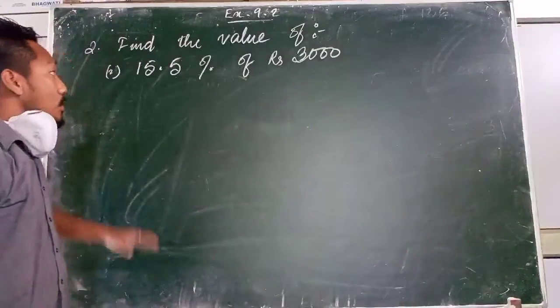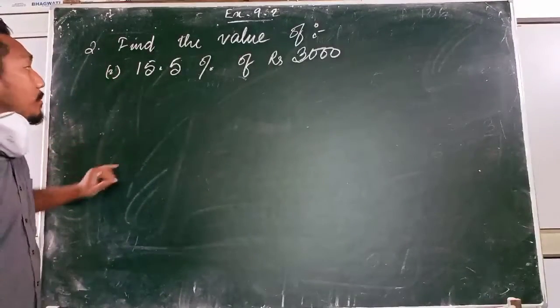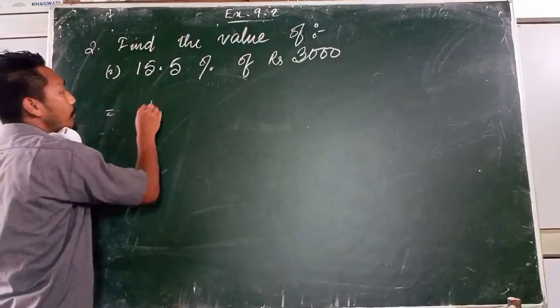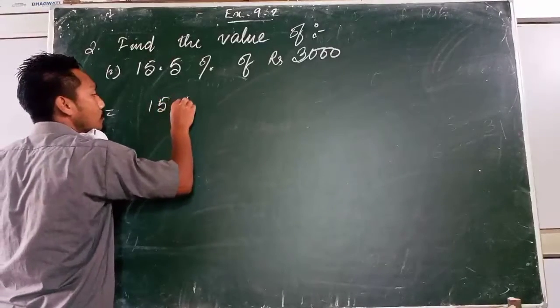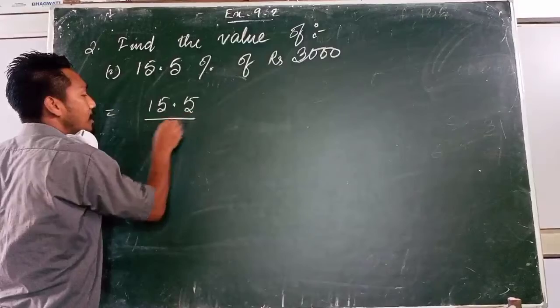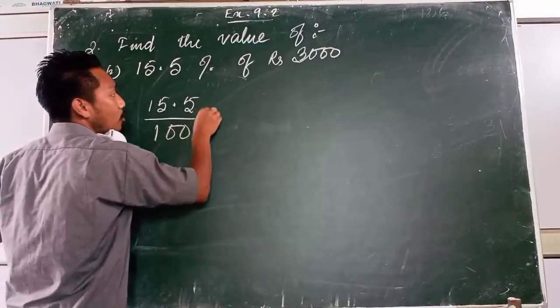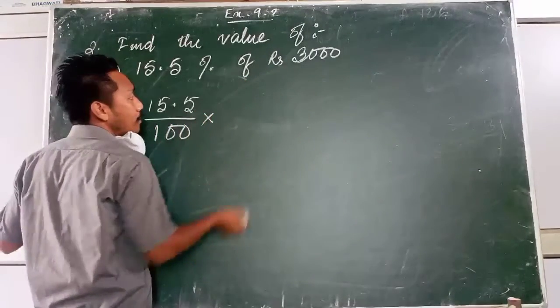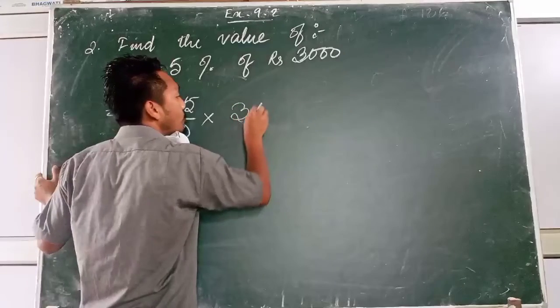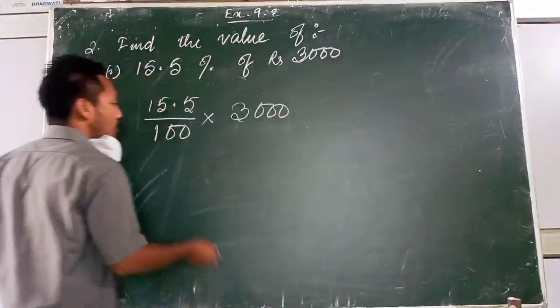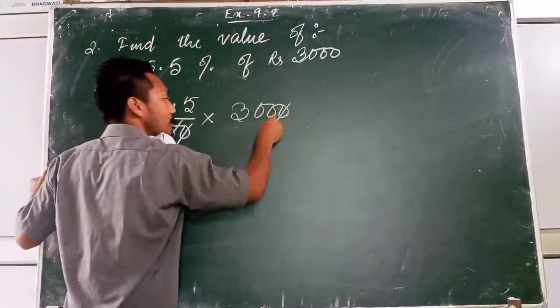Now this is question number 2, Roman number 1. Same thing: 15.5% will be written as 15.5 over 100, "of" converted into a multiplication sign, times rupees 3000. Zeros cancel.